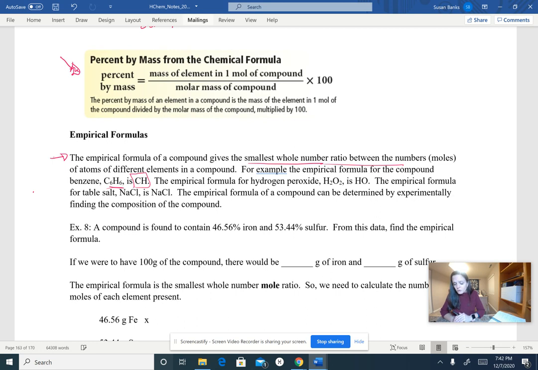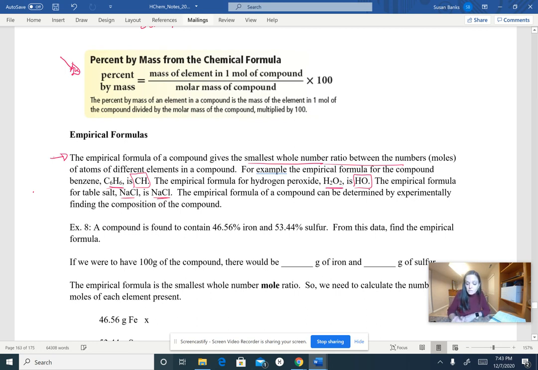The empirical formula for hydrogen peroxide is H2O2. We have a common factor of 2. So if I divide by 2, I get one hydrogen and one oxygen. So that empirical formula would be HO. The empirical formula for table salt, NaCl, I have one of each. So I can't simplify beyond 1 because 1 is the smallest whole number that I have.